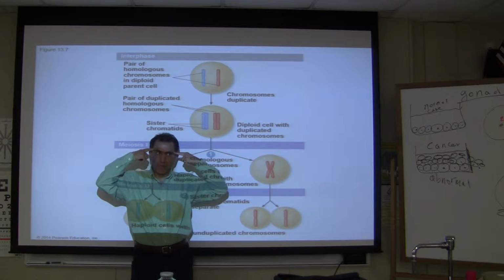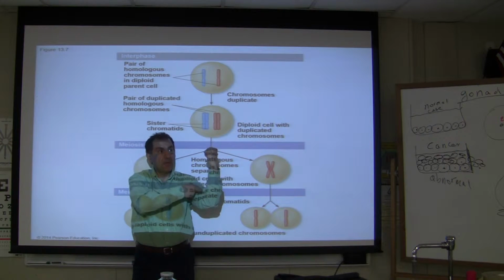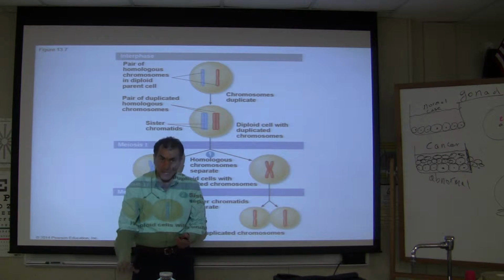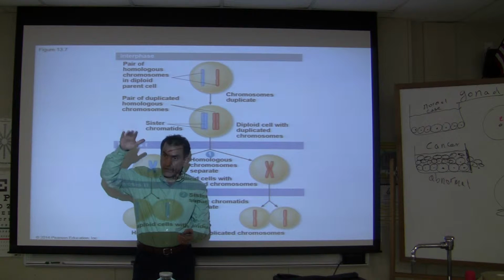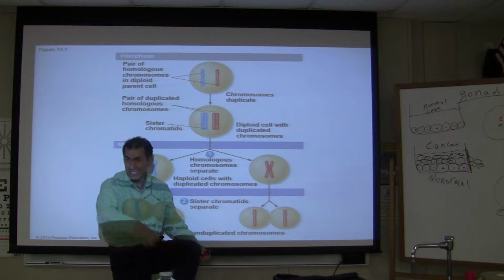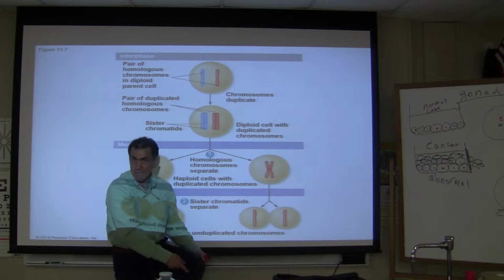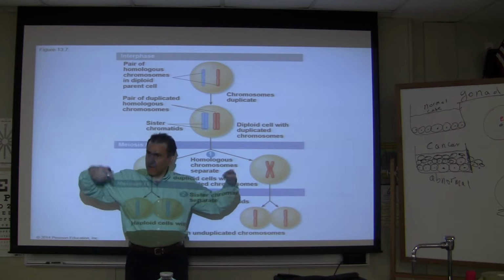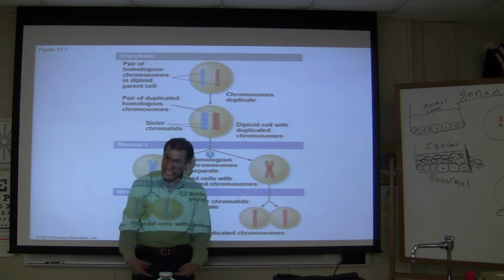It does not happen in the brain cells. It does not happen in your biceps. It does not happen in a little kid that is growing. It is happening in the ovaries of the females and testes of the males.